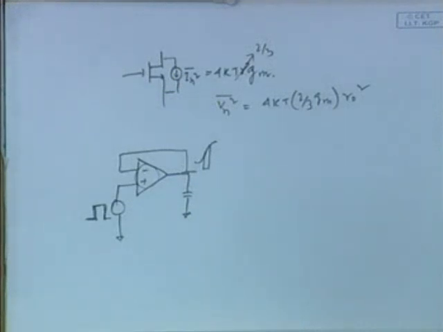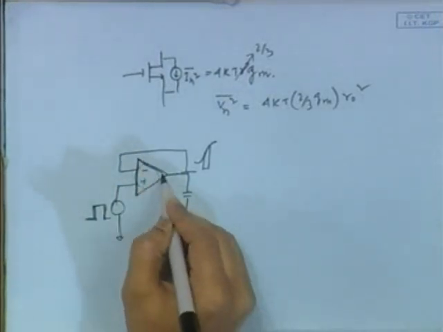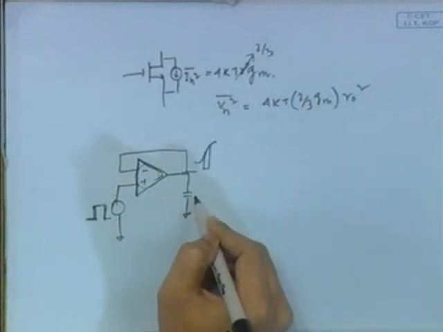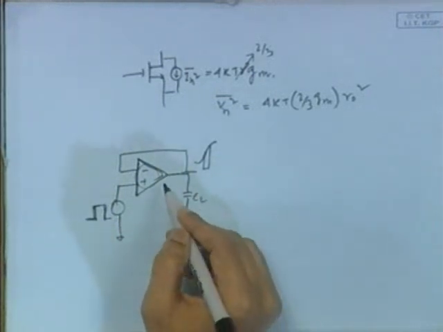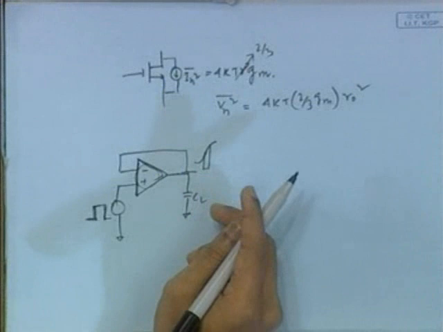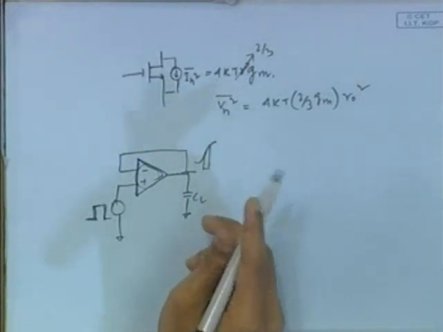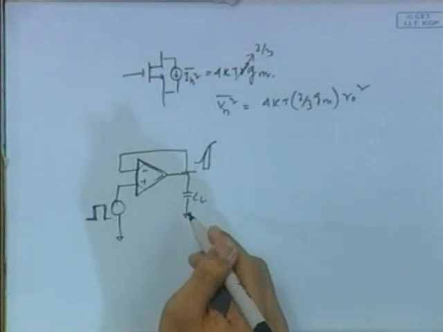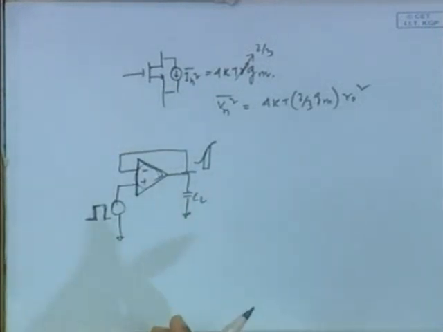Clear? So during the simulation, we need not bother about what happens inside the circuit. We just introduce this symbol, put this voltage source and this CL, everything, and we will find the value of slew rate. This is called a test bench. Test bench means to test the value of slew rate.